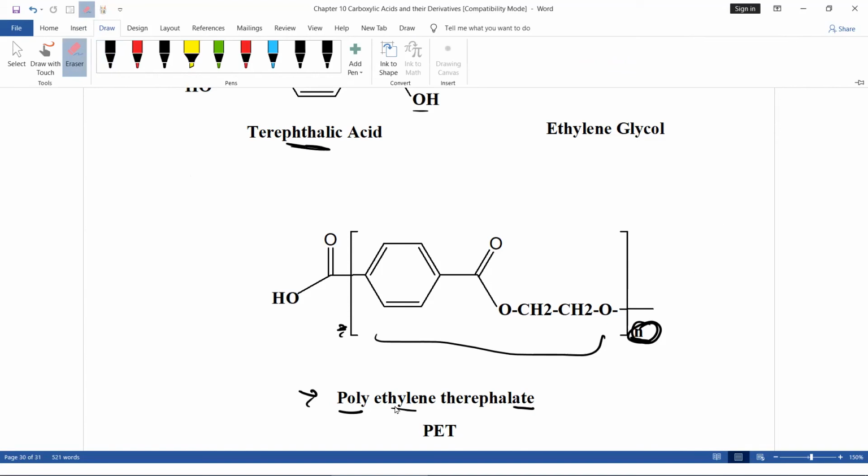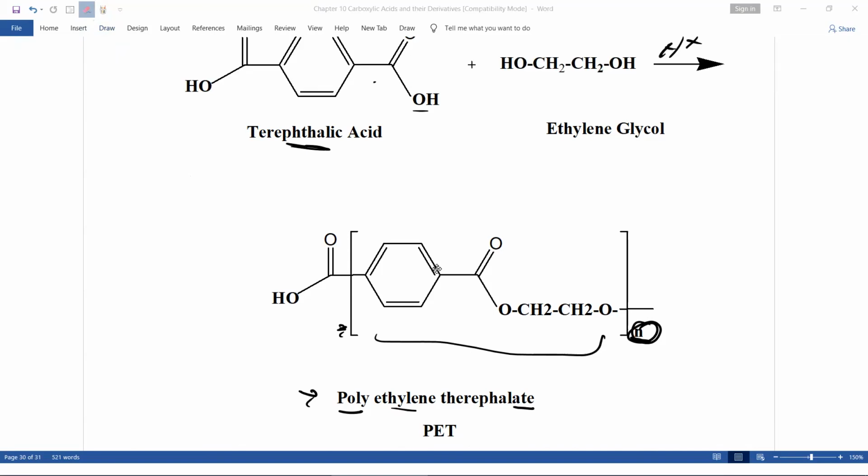And let me just move this out of the way. So you make this material polyterephthalic acid.